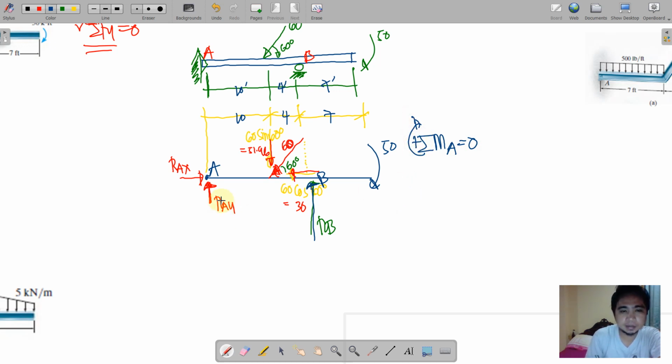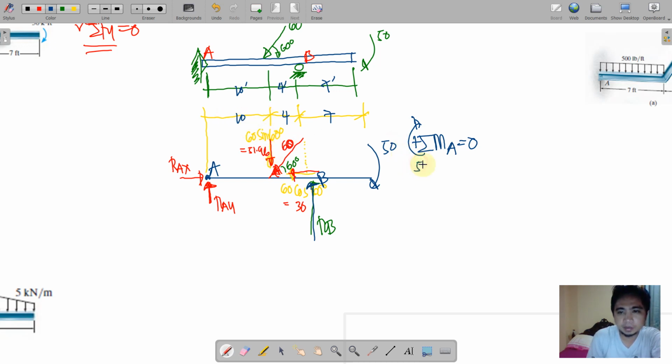So next, we perform this one, summation moments A. Of course, wala nang distance yan. So, itong horizontal component will have no distance at A because it will just be intersecting this A. There will be no perpendicular distance. Itong 60 sine 60 or 51.96, the moment arm is 10.